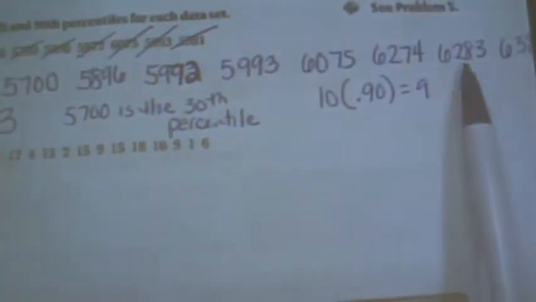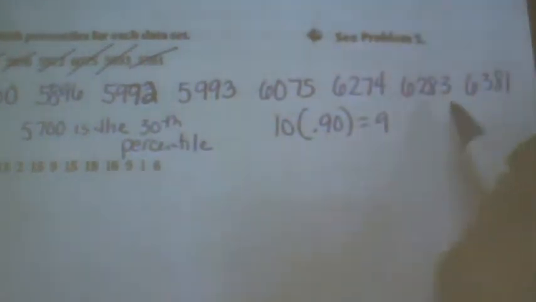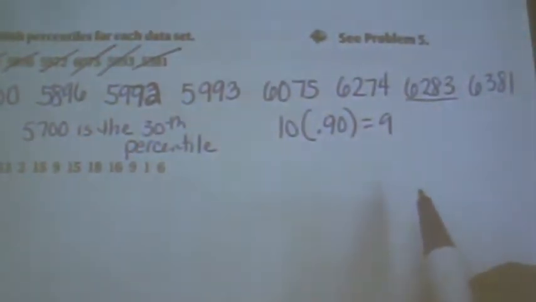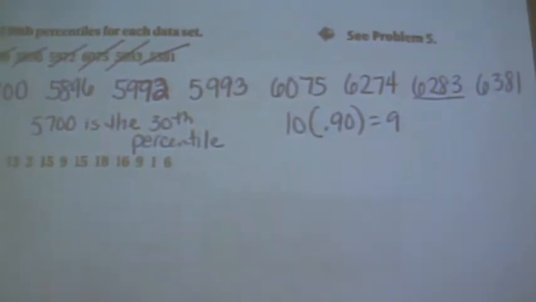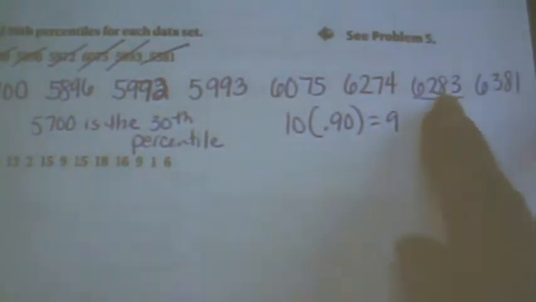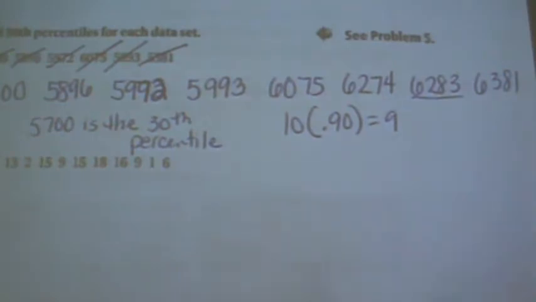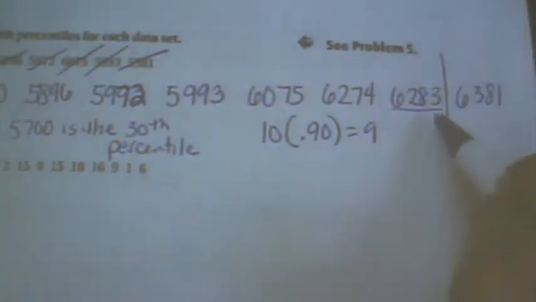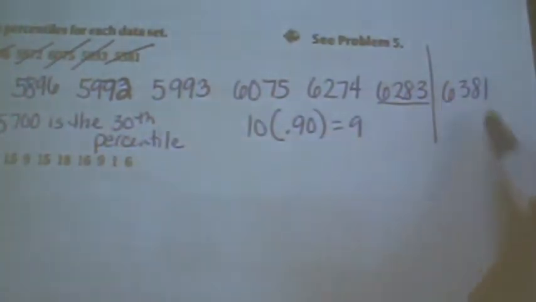So the 90th percentile will be this number if you count 9 in. So 90% of the data is at this number or below. This is 90% of the data, and this is 10% of the data.